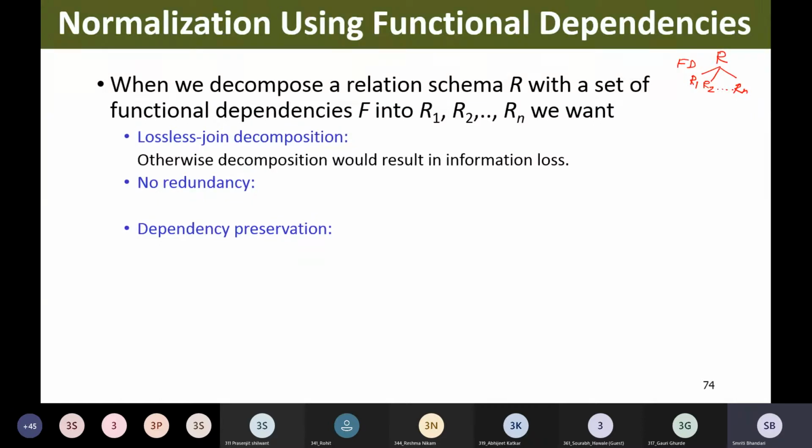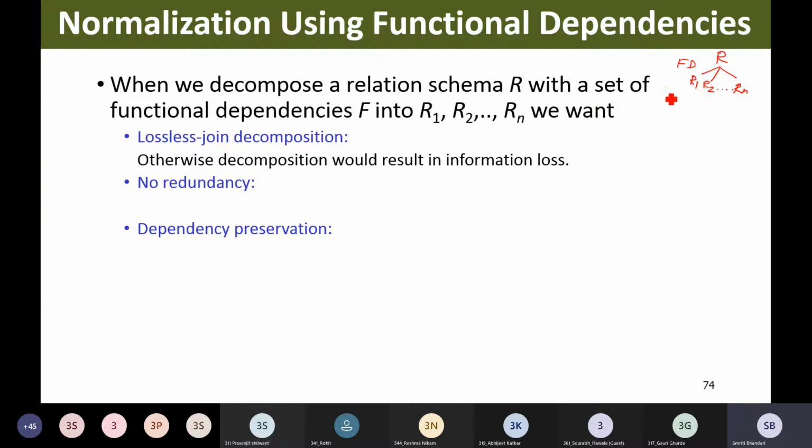If we are having lossy decomposition, then the decomposition would result in information loss. And we do not want to lose any kind of information that is being stored in the database.